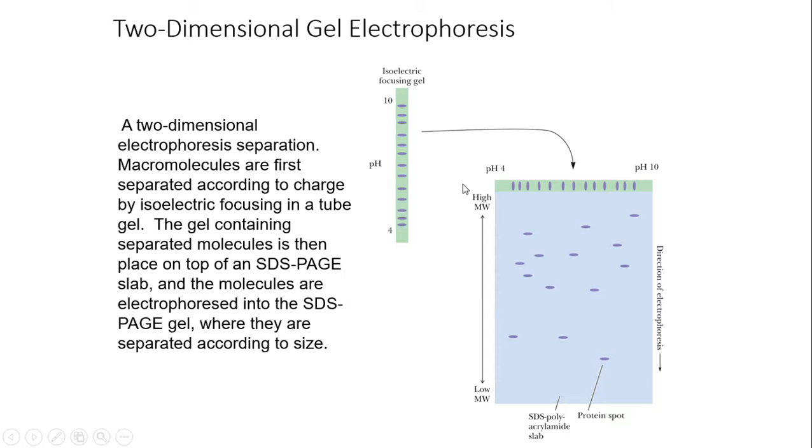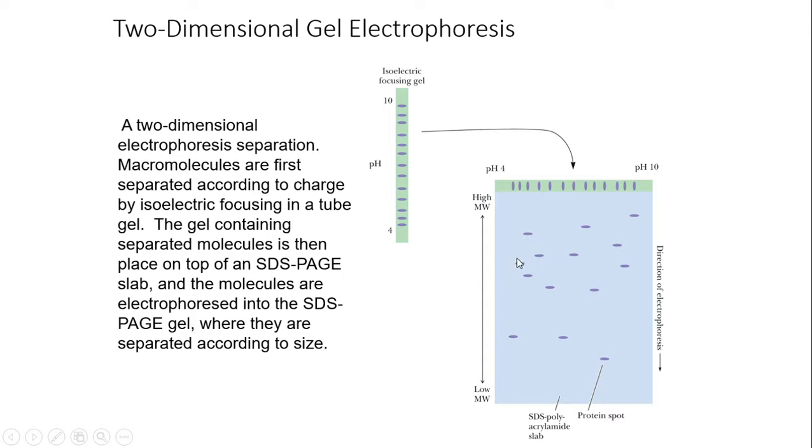The charge is going to be affected by pH. We've got low pH, high pH. So this is the isoelectric focusing part of the gel, and then we have separation by weight in this direction.